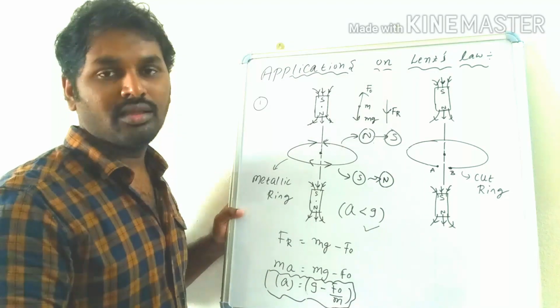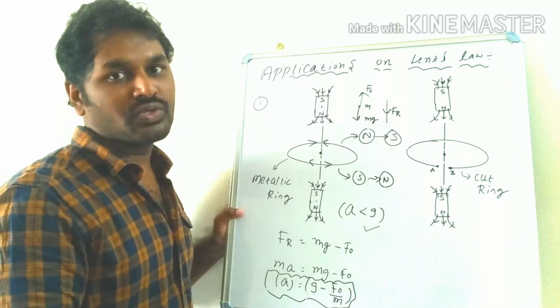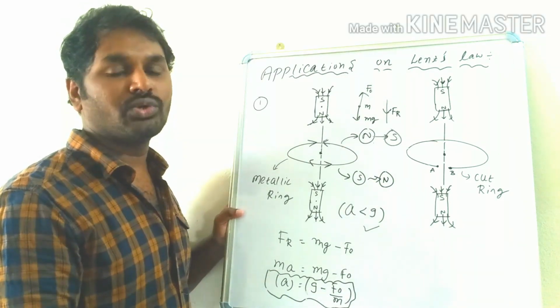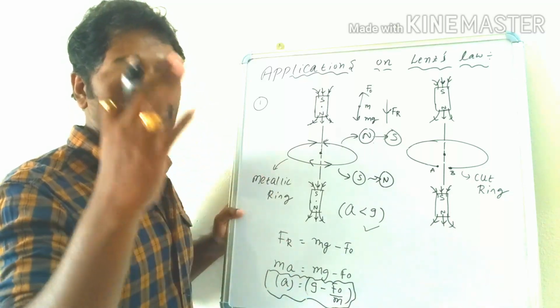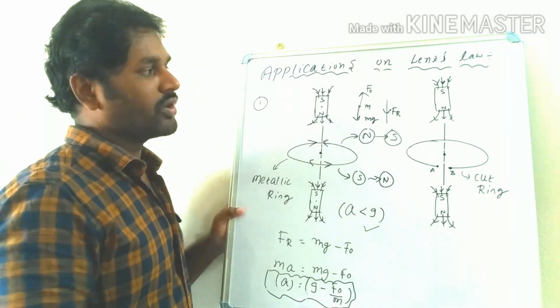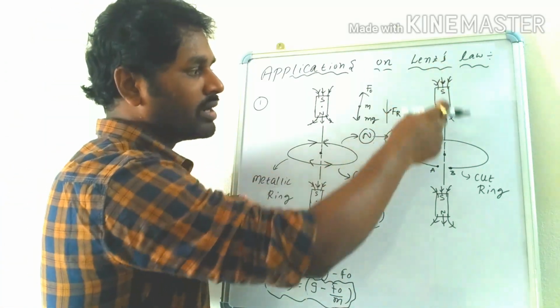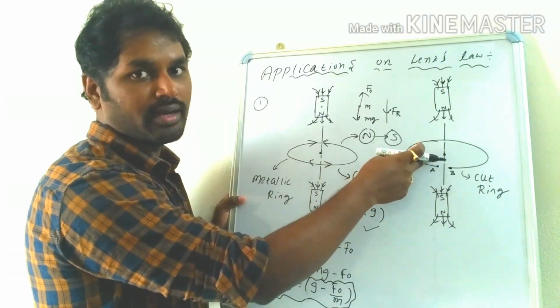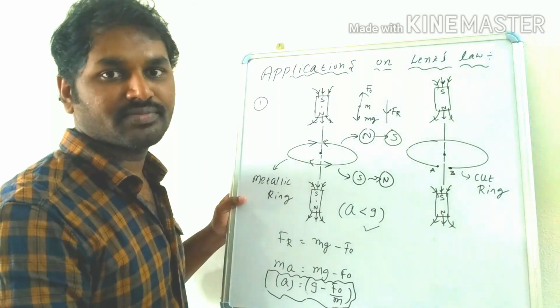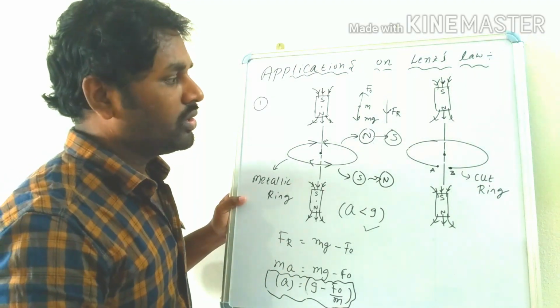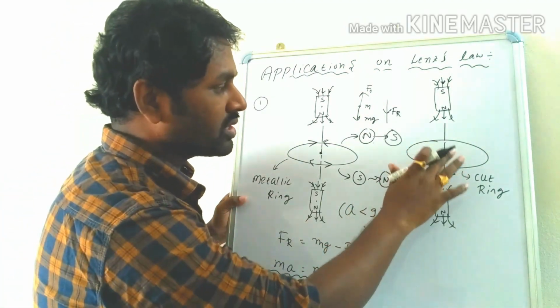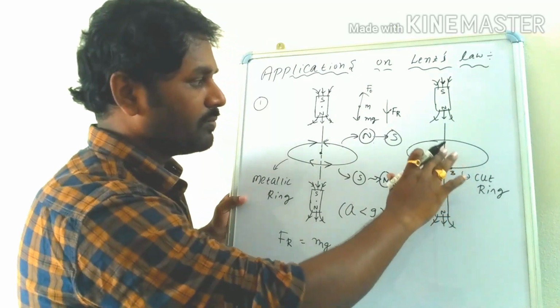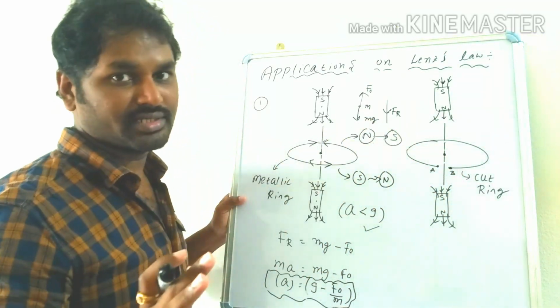But still, you will get the induced EMF because there will be a change in the magnetic flux. You can see as the magnet is coming down, the magnetic flux passing through the coil gradually increases. With that, the induced current is supposed to be set, but we are not detecting any current.